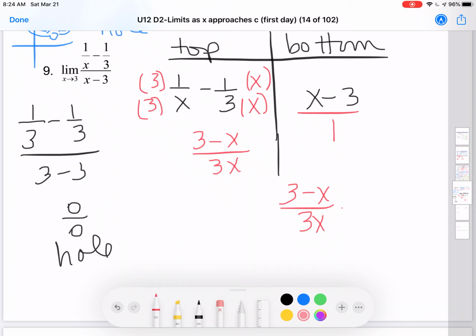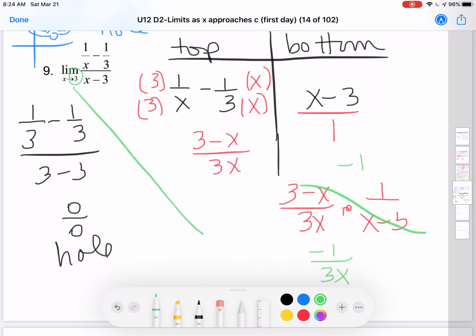And then we should notice again the -1 rule. So -1 over 3x. Now plug in your 3. And my final answer is -1/9.